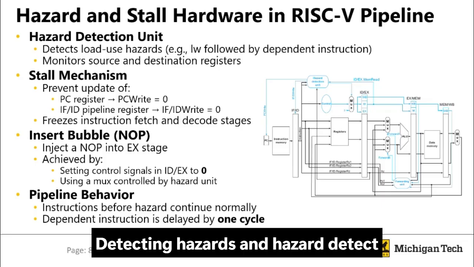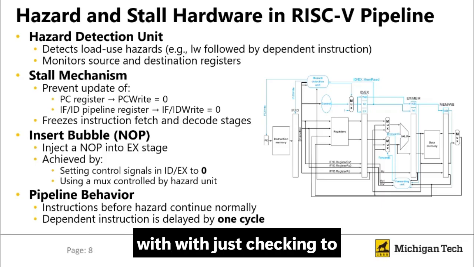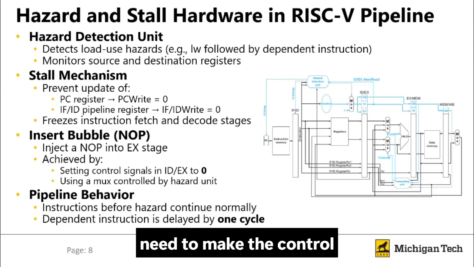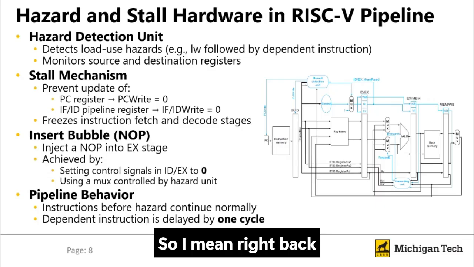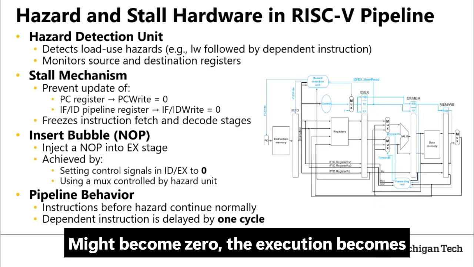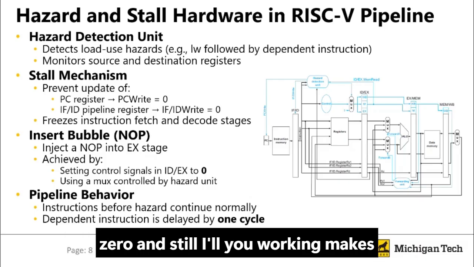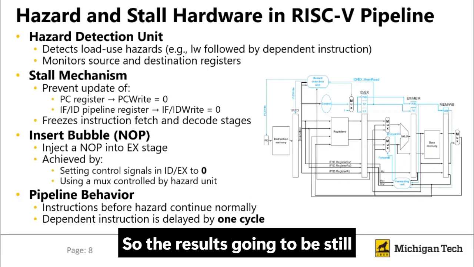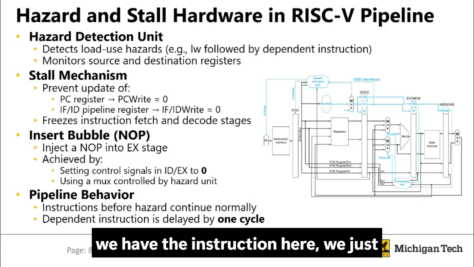When the hazard is detected by just checking to see if dependency exists, we just need to make the control unit create all zero. Then the controller makes all zero. I mean, write back becomes zero. Memory read, memory write becomes zero. The execution becomes zero. The ALU is still working, makes something, but it is not going anywhere. So the result is we still have the instruction here.